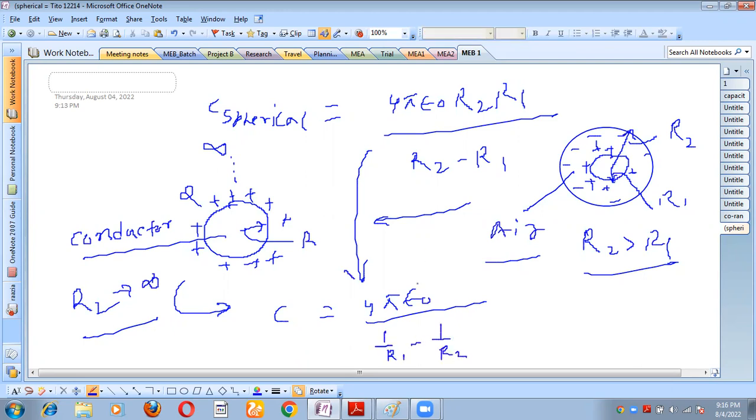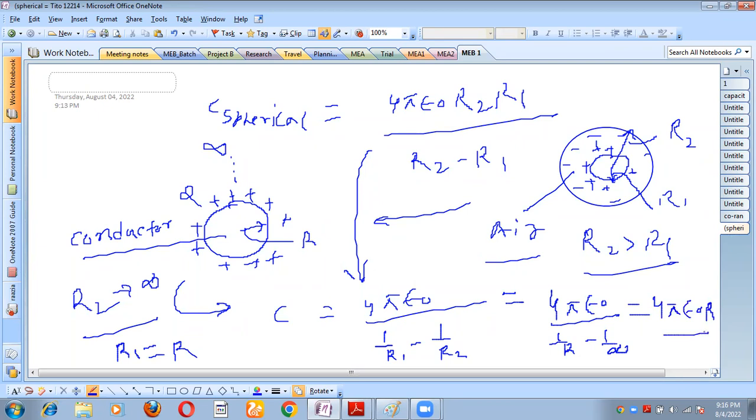We can rearrange the expression and put R2 equal to infinity and R1 equal to R. So we get 4 pi epsilon naught divided by (1 by R minus 1 by infinity), and that is equal to 0 for the second term. So we get 4 pi epsilon naught R. Understood? So the capacitance of a single conductor having radius R is 4 pi epsilon naught R.